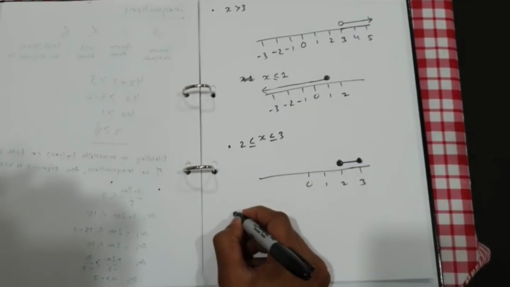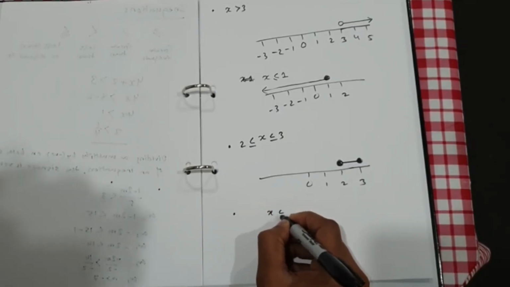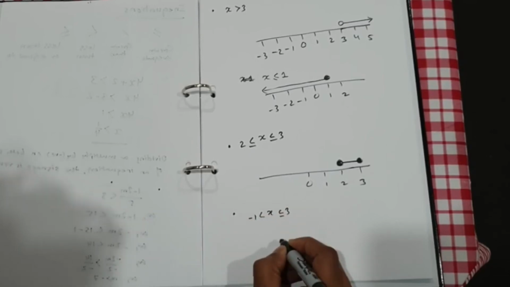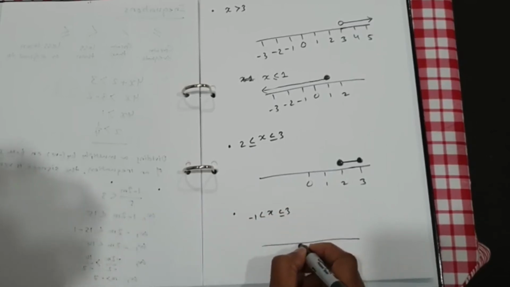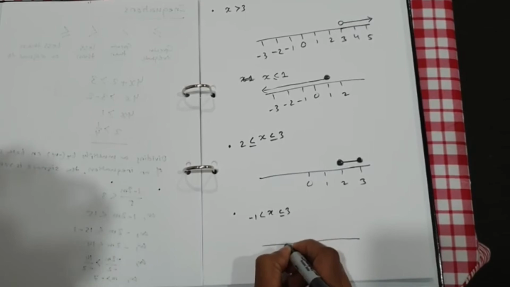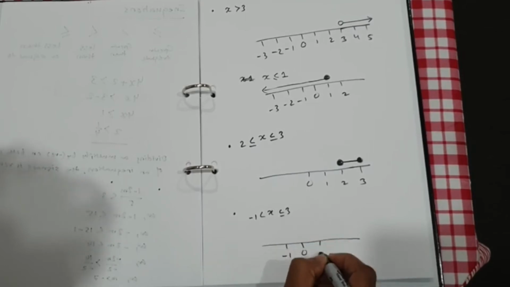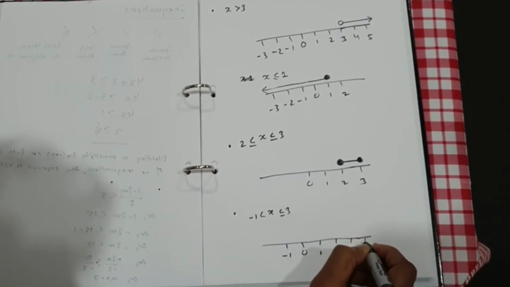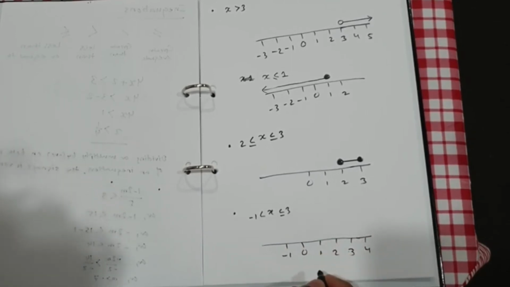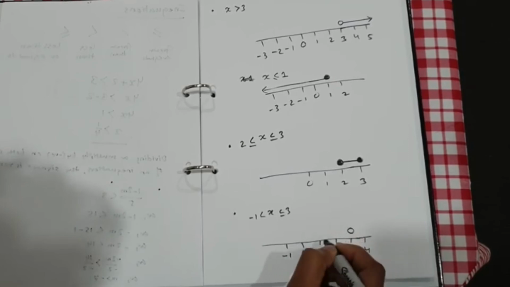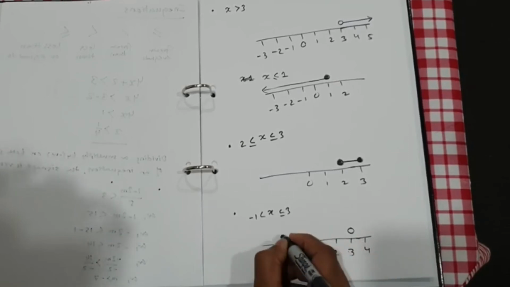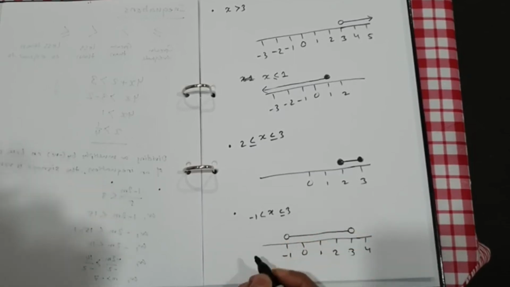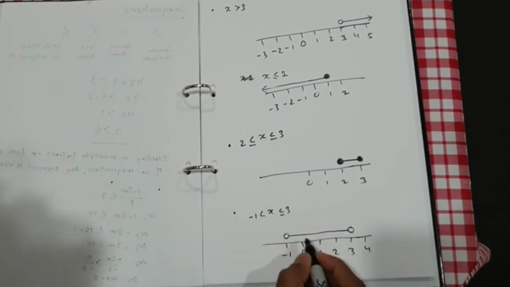Okay. If it was x is less than or equal to 3 but only greater than -1, right? 0, -1, 1, 2, 3, 4. So less than or equal to 3 and greater than -1.